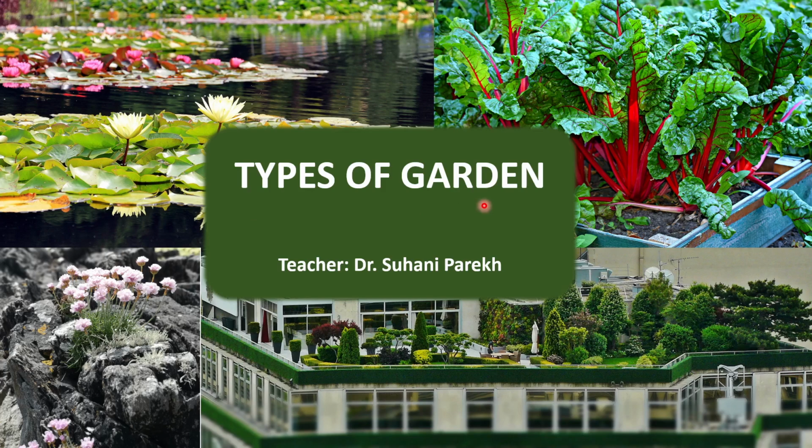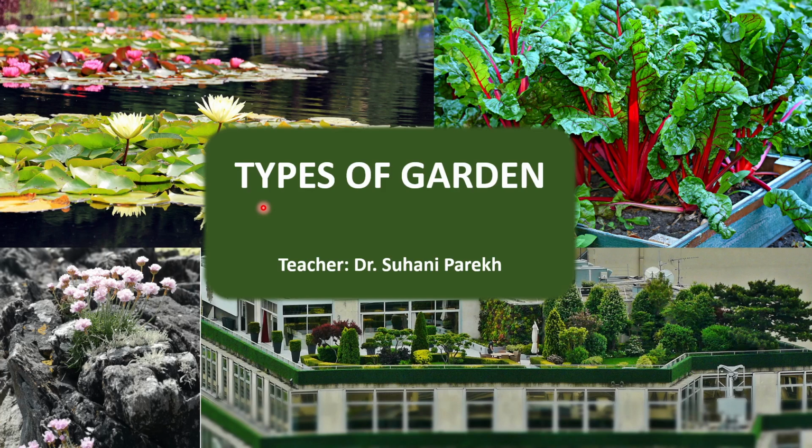So in this chapter, in this lecture, we are going to understand about the various types of garden, and I think this would be an interesting topic for those who are interested in gardening, right? So we are going to understand what the types of garden are, and what plants are used in making these gardens.